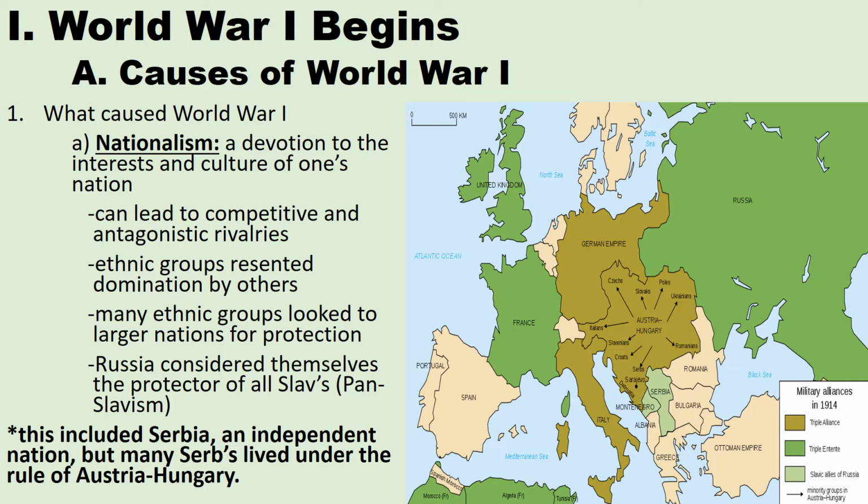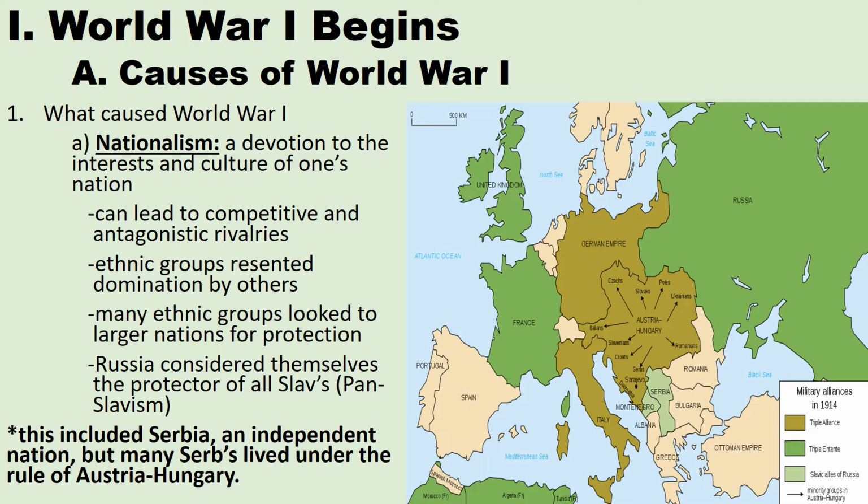An important part here is to also take a look at the little area of Serbia below Austria-Hungary. This idea of Russia's Pan-Slavism also included Serbia, which was an independent nation, but many of the Serbs lived under the rule of Austria-Hungary.